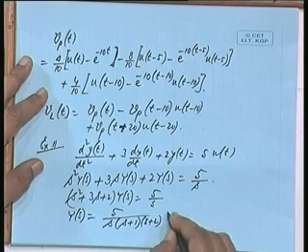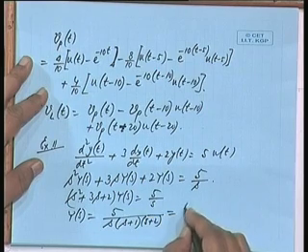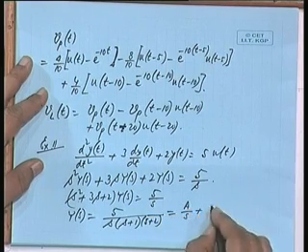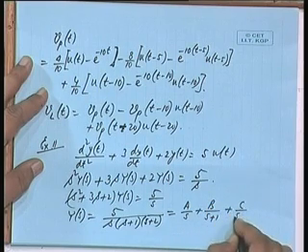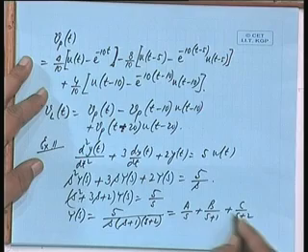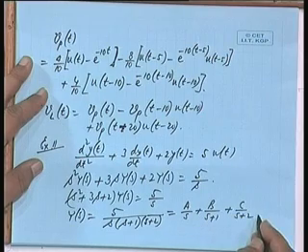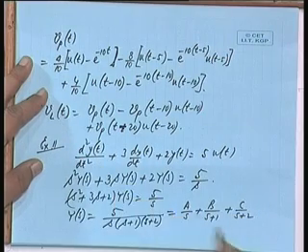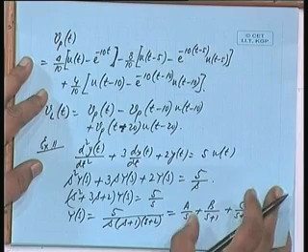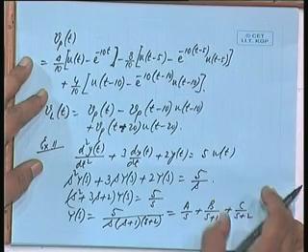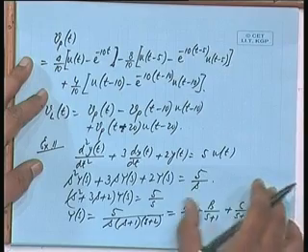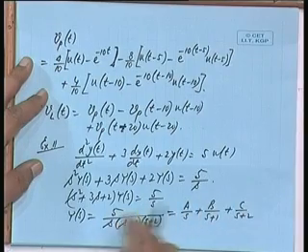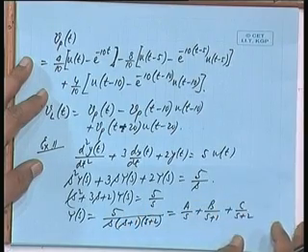Okay. I can write it as a by s plus b by s plus 1 plus c by s plus 2, and taking the inverse of these three, I will get the final y(t) as a into u(t) plus b into e to the power minus t plus c into e to the power minus 2t, where a, b, c residues can be calculated from here by the standard partial fraction technique.